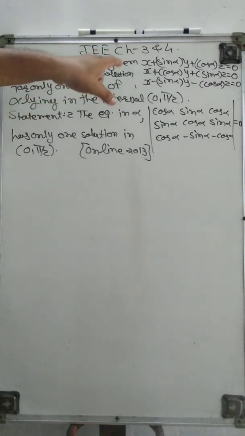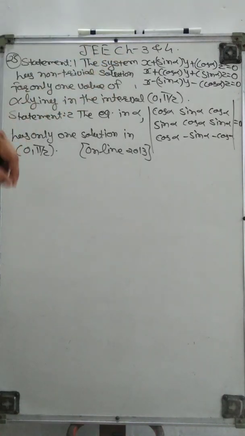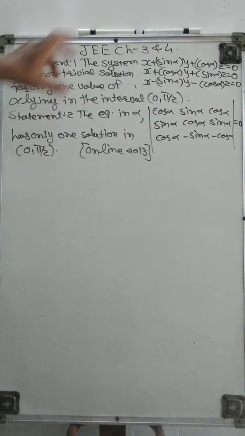This is not a determinant, I just put it on one line because this is the system. It has a non-trivial solution for only one value of alpha lying in the interval 0 to pi by 2. So this is our first statement.